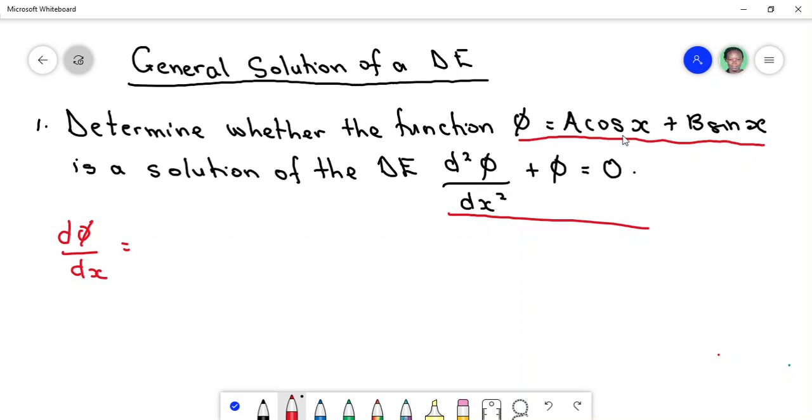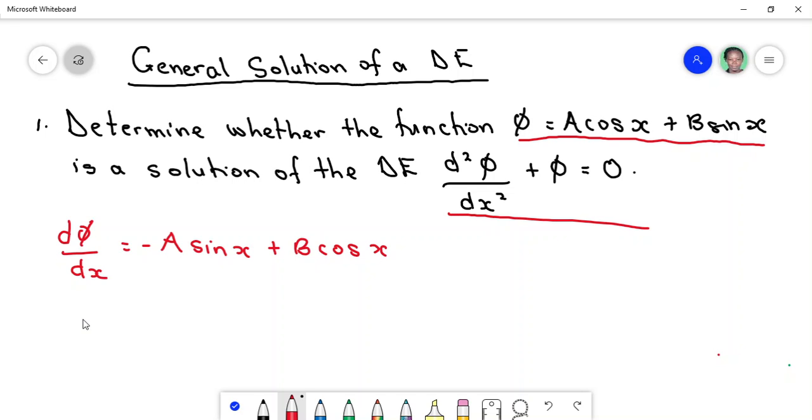If I differentiate cos x, what do I have? I have minus sine. Don't forget your a, our constant. So I have minus a sine x. If I differentiate sine, what do I have? Cos. So I have plus b cos x. So this is the first derivative.